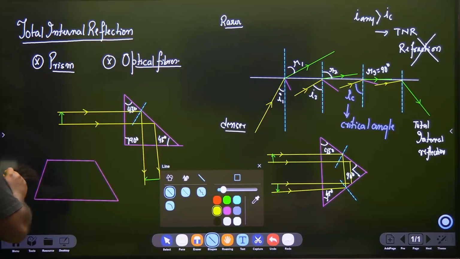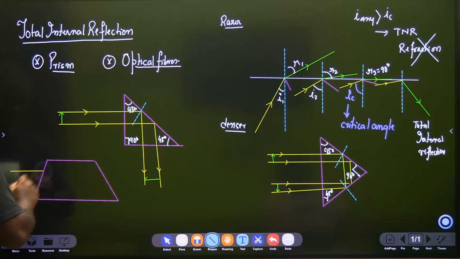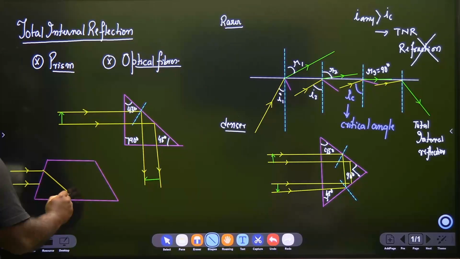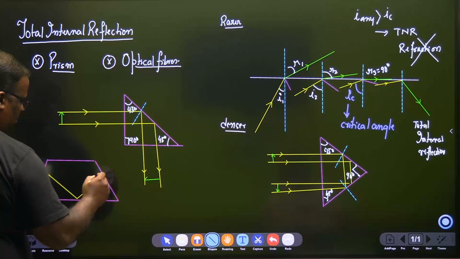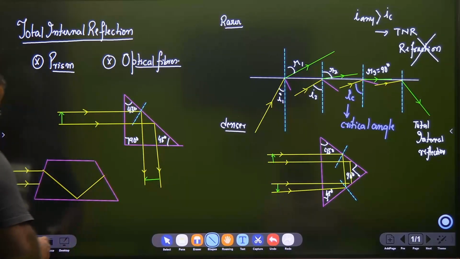So parallel rays come this way, and this ray will come here.